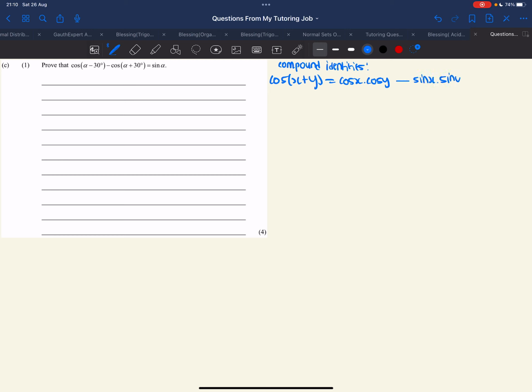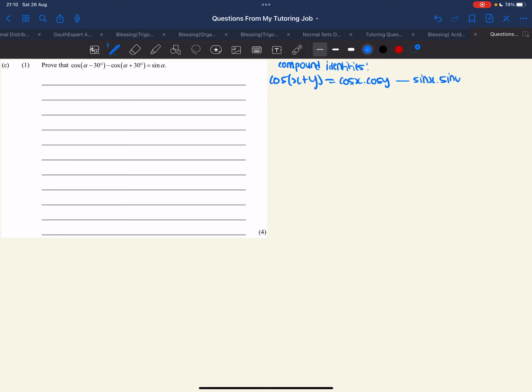And then the other one: cos of x minus y will be cos x multiplied by cos y plus sine x multiplied by sine y.